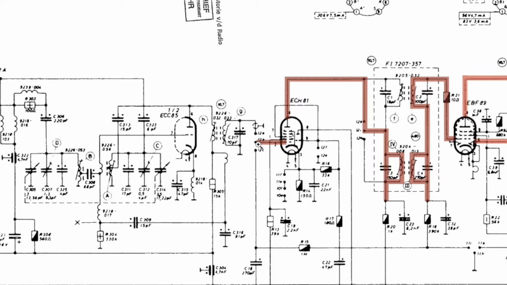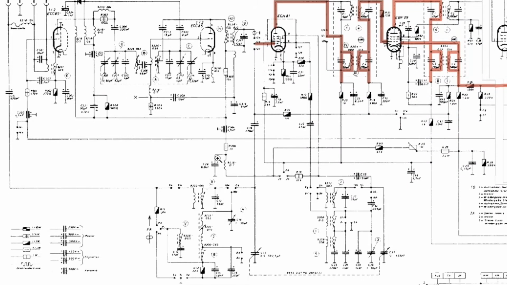So what we need now is to go to the front end and the oscillator and do the RF alignment. And the RF alignment is simply a matter of aligning the oscillator frequency and the front end RF frequency that we tune to, to coincide with what we're seeing or expecting on the dial of the radio.